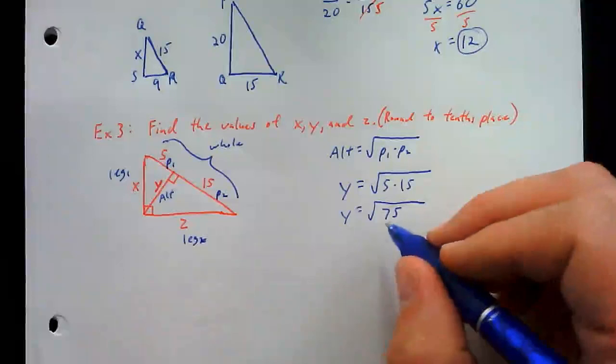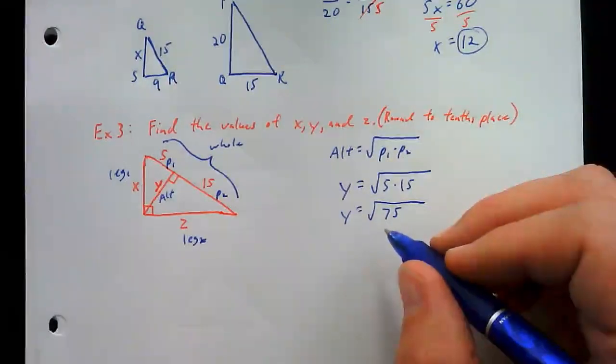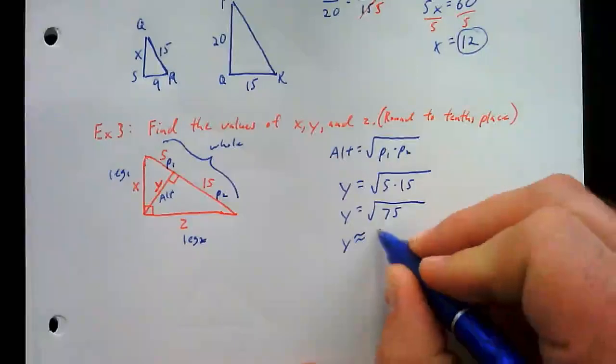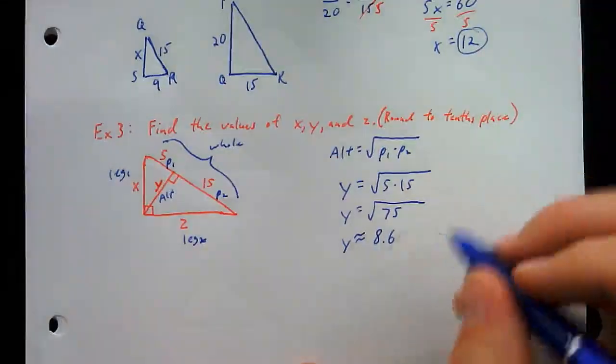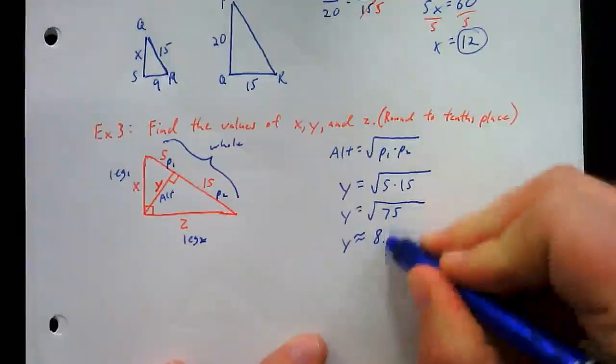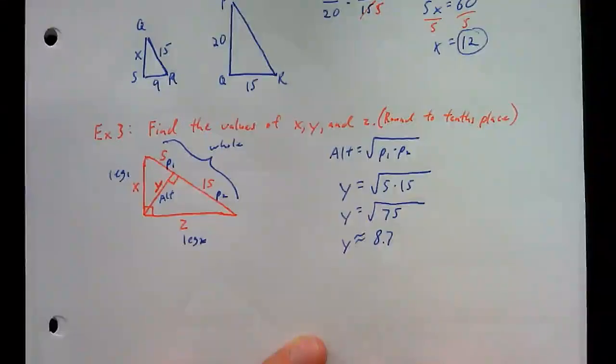So, if we were to take the square root of 75, it will come out to approximately, and I said tenths place, so actually I need to round this off because it's 8.66, so that'd be 8.7.